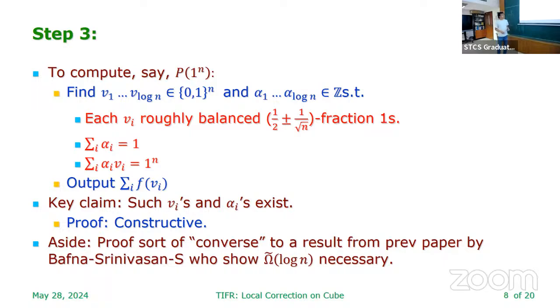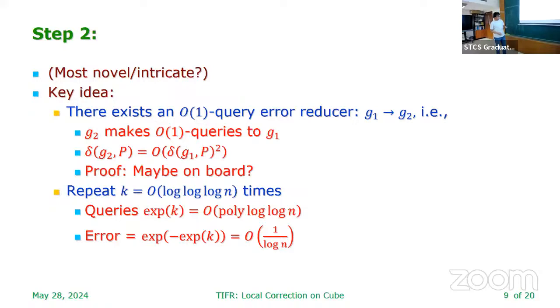Okay. All right, so moving to the more interesting things, the really interesting step I thought was the middle step, where we go from a function which is as good a constant as you want, but has only constant error, to a function which has error 1 over logarithmic in n.